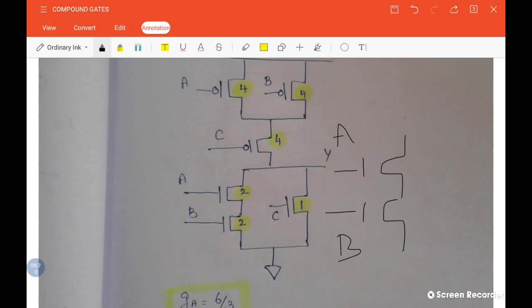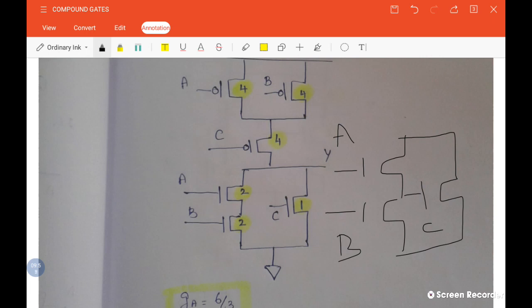First we'll complete the NMOS, then we'll finish the PMOS diagram. Okay, so this is the structure. Then A·B is added with C. Whenever you get an OR function, it means logically parallel, so you have to parallel another input, that is C. So take an NMOS for the input C. So there are two NMOSes with A and B inputs and one NMOS with the C input. So now the logic diagram for the pull down network is over.